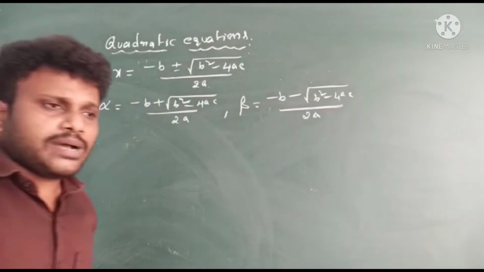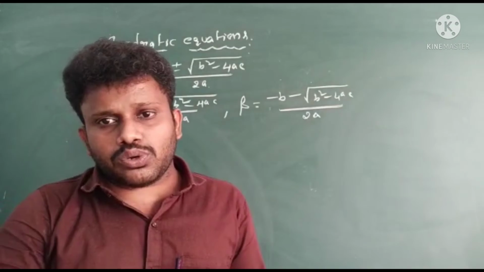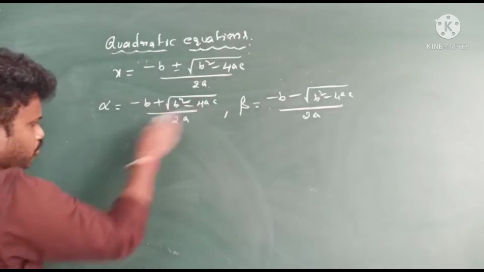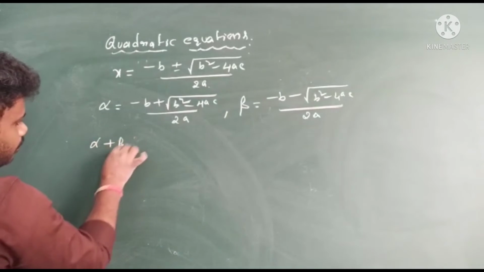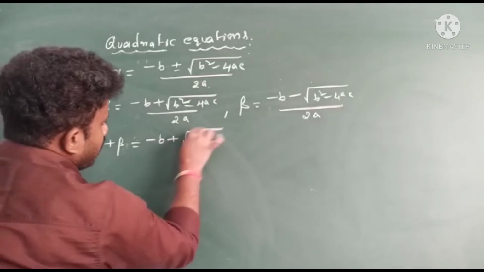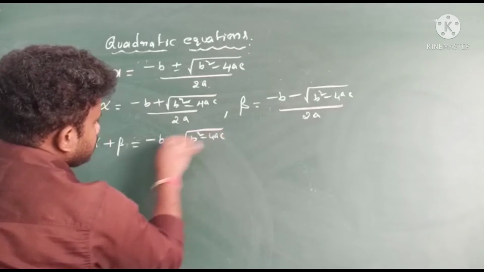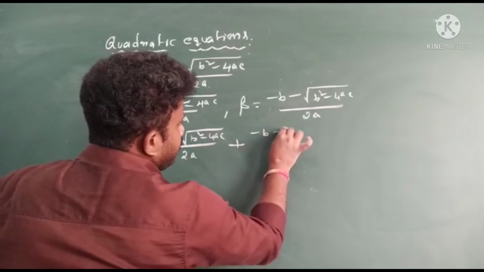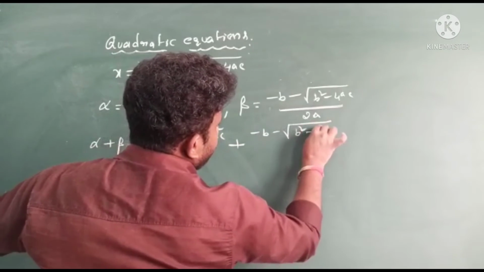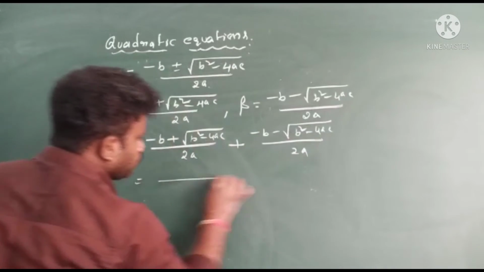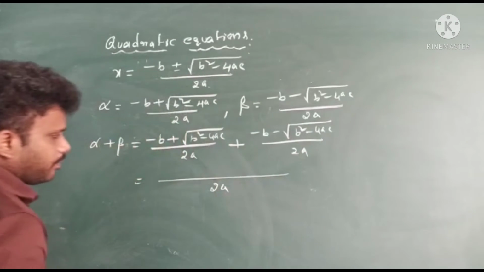Now I am going to discuss the formula part, the sum of the zeros and the product of the zeros. The sum of the zeros means alpha plus beta. Alpha is equal to minus b plus root under b square minus 4ac by 2a, plus beta, which is minus b minus root under b square minus 4ac by 2a. Now take the LCM of these two. We get 2a as the LCM.